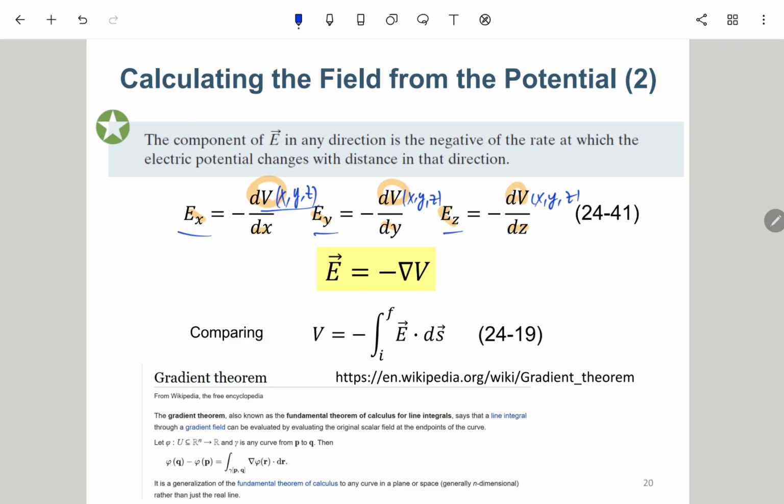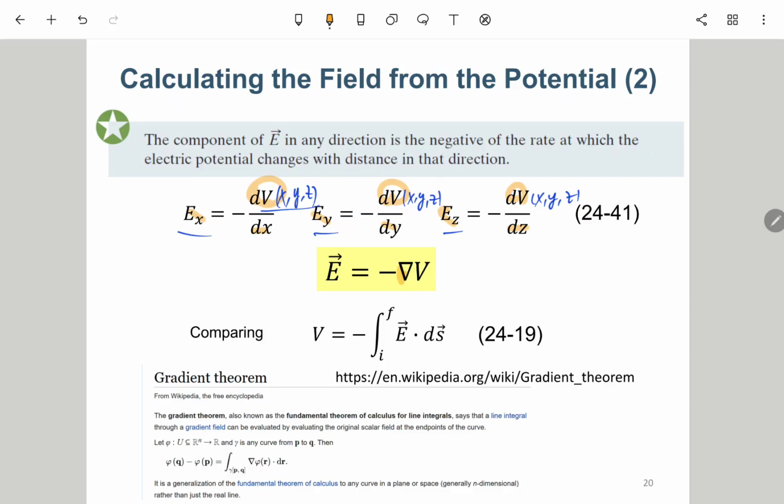In mathematics, we have another notation using the upside down triangle to represent this three-dimensional or high-dimensional derivative.